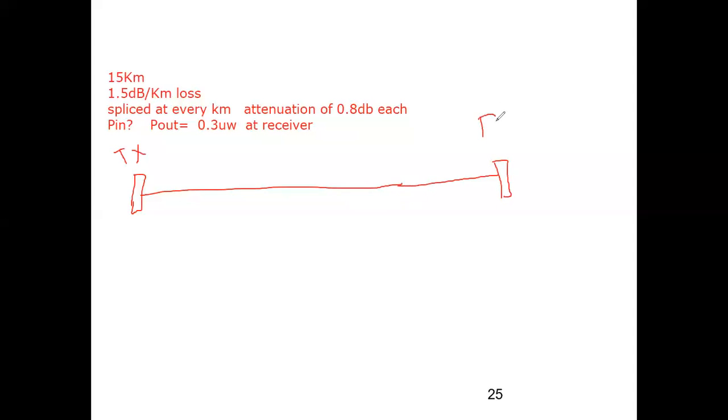Since this is the first kind, I am telling you how we will do it. P in is over here at the transmitter side, where I apply the input power, and I am supposed to find out that P in. And then P out is at the receiver.